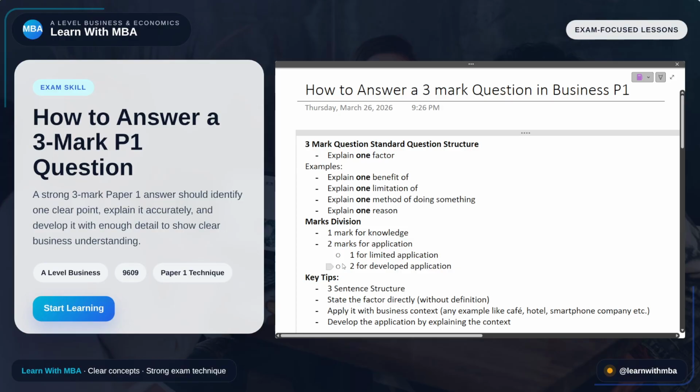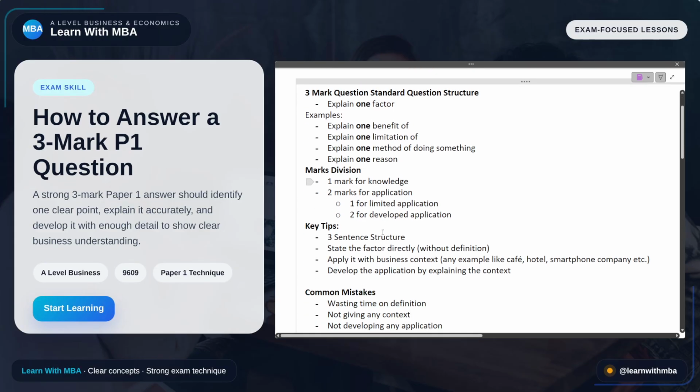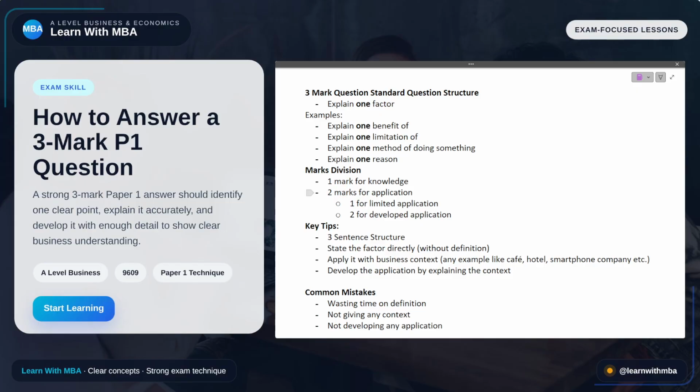Now, for that, you need to understand what the marking scheme is about and what the exact marks requirement is. If you look at the marks division, there is 1 mark for knowledge and 2 marks for application. For these 3 marks, you should always have this marking scheme in your mind because this is the one thing that would guide how to write an answer.